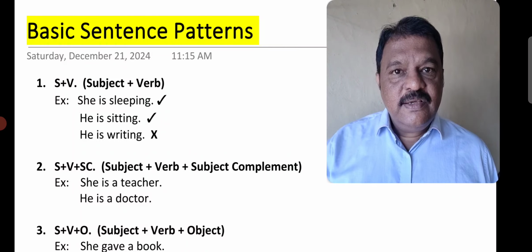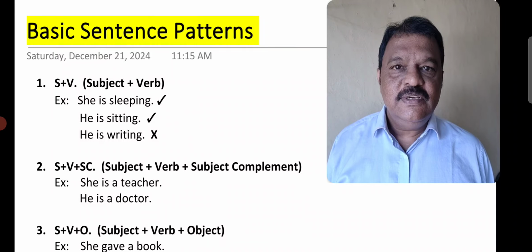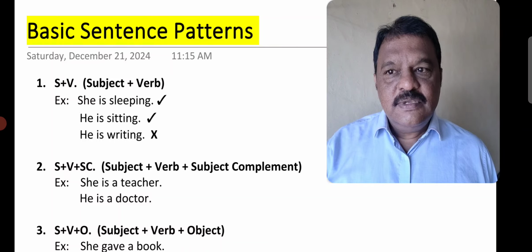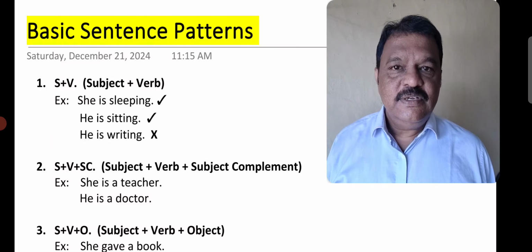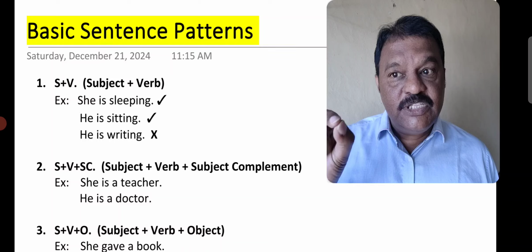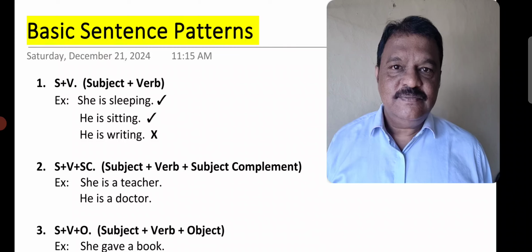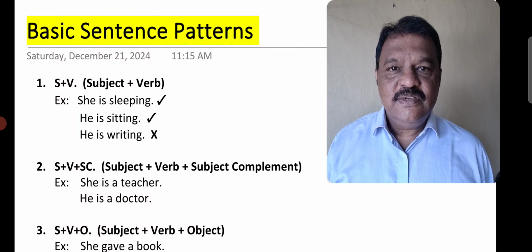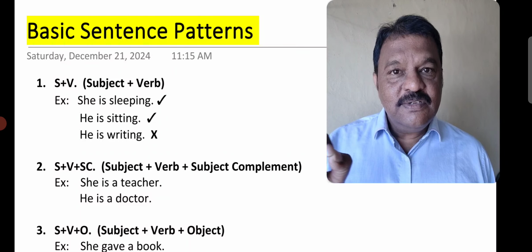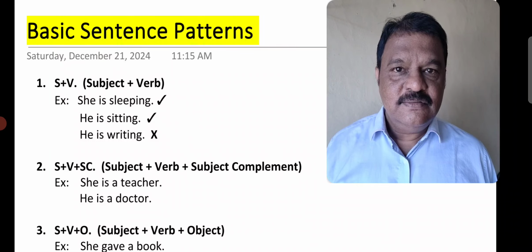Better to avoid using transitive verbs in this pattern because transitive verbs need objects to be written after the verb in the sentence. So you cannot keep a full stop just after the verb as you did with intransitive verbs. You got it? So that's why the first two sentences are marked right and the last sentence is marked wrong.